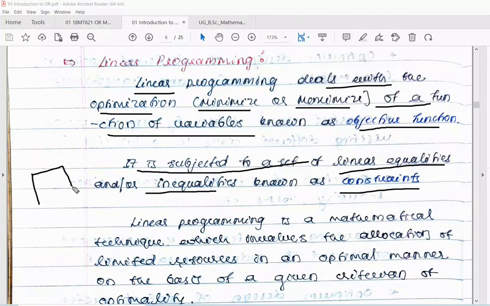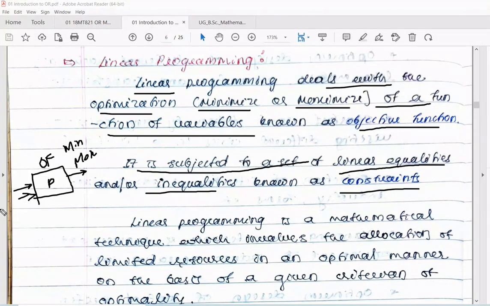Okay, there is an industry. For that industry, many inputs are there to get a single output. How these quantities vary in this complete process can be defined. Whatever the objective function is, you can concentrate on minimizing or maximizing it.